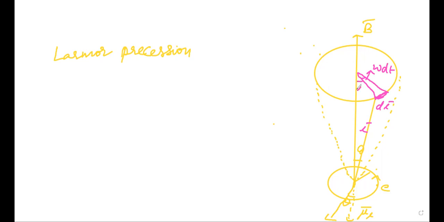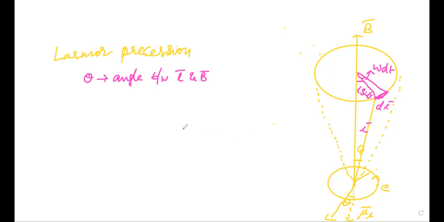This is L sin theta, L bar. The direction of magnetic field is B bar. Angular momentum of the electron is L bar, which is perpendicular to the plane. Let theta be the angle between L bar and B bar.